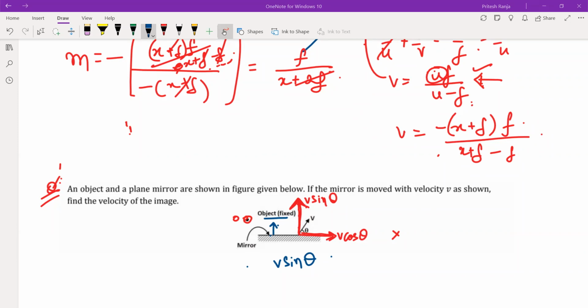You can find it using the concept of relative velocity here. So it will be 2v sine theta. Okay. All right, 2v sine theta, whoever has got, they are correct.